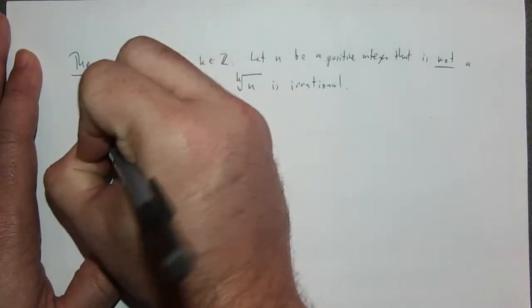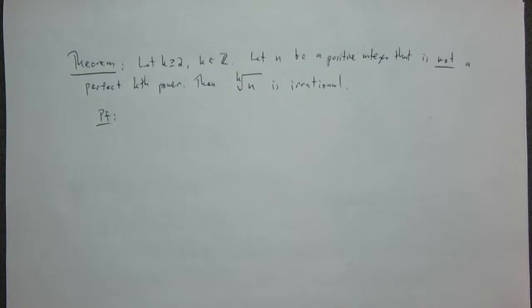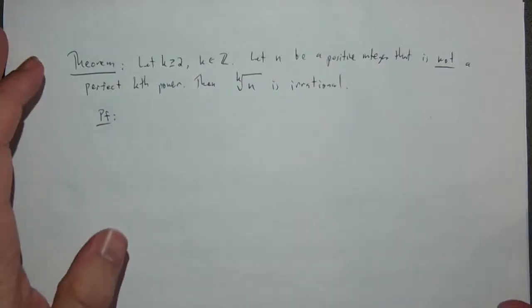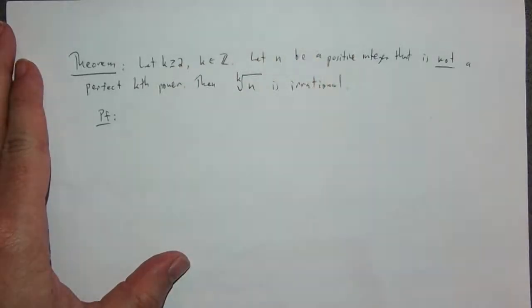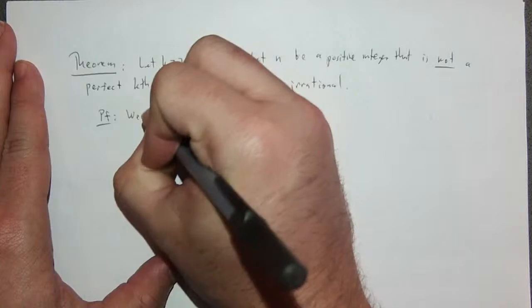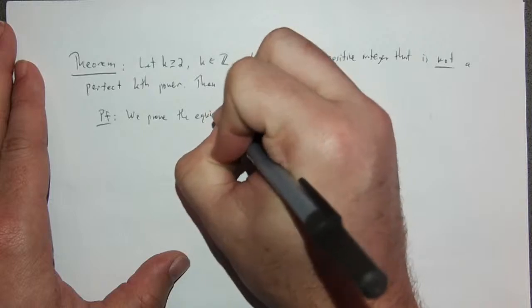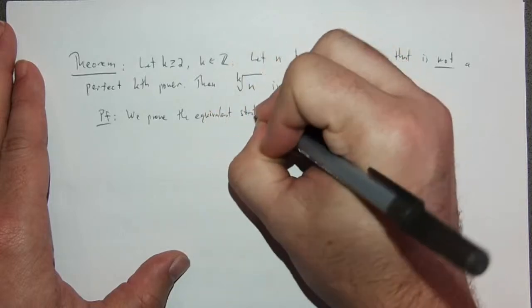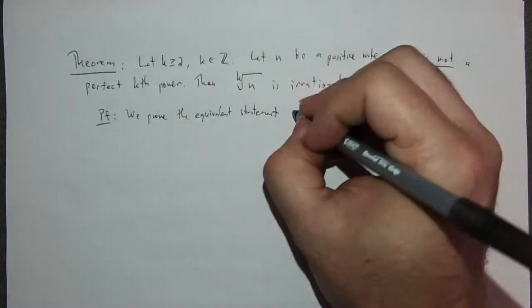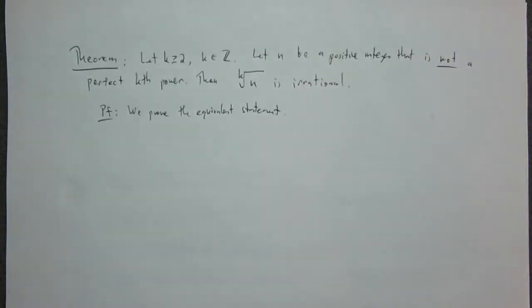So how does the proof of this go? Again, we're in chapter 5, so that means that in some form this comes from unique factorization into products of primes. So prime factorization is what does it. How do I do this? Well, we prove the equivalent statement. Remember, irrational is defined in a negative way, meaning that something is irrational if it is not rational.